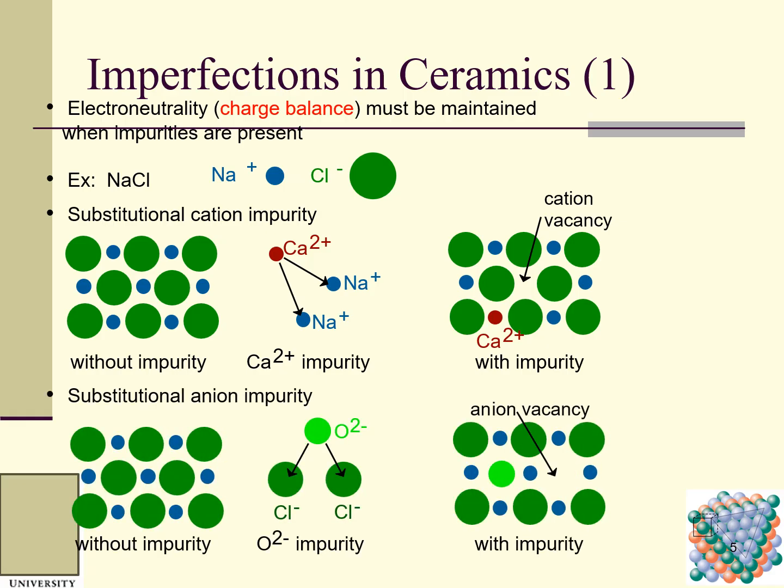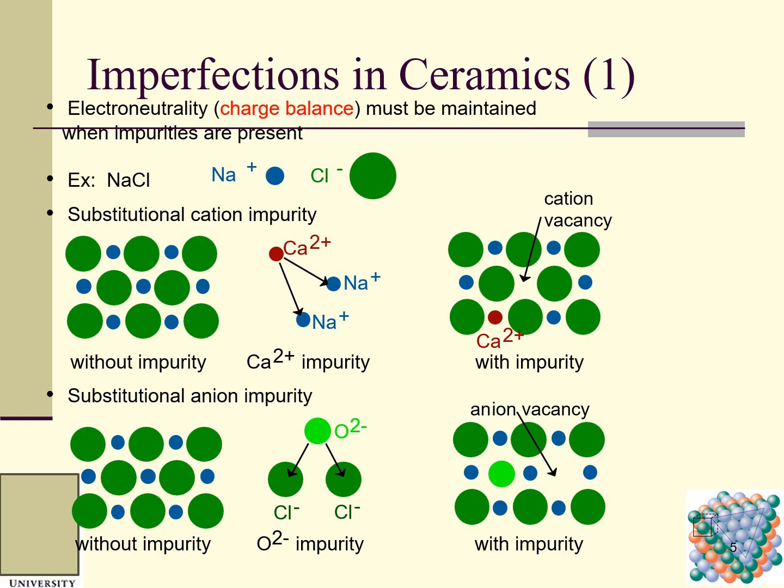Okay, so the substitutional impurity, and for the same thing, this is sodium chloride, and now this time we have an oxygen ion. This oxygen ion carries two negative charges here.